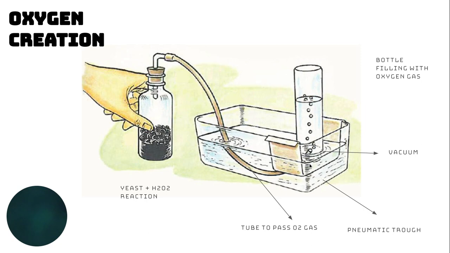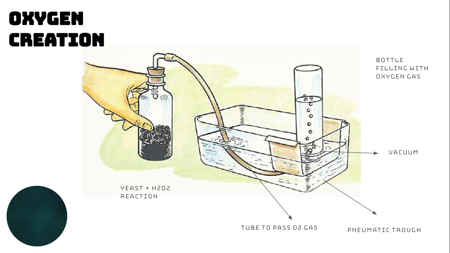Then you're going to be given this tube apparatus attached to the cork of another bottle, and you're going to fill this bottle with a given amount of hydrogen peroxide. When you're ready for the reaction to start, you're going to add yeast, which you probably know will create oxygen.